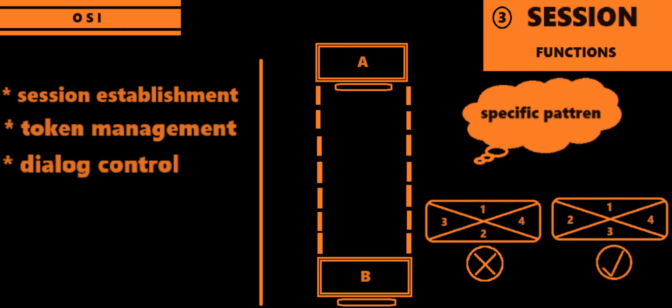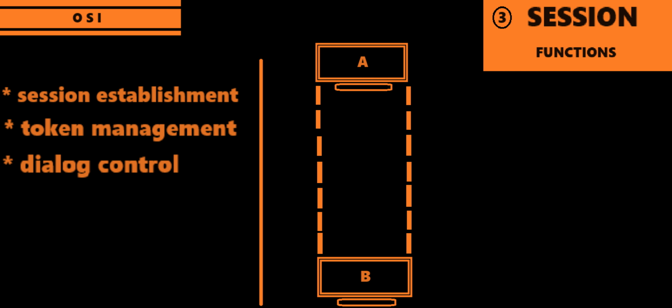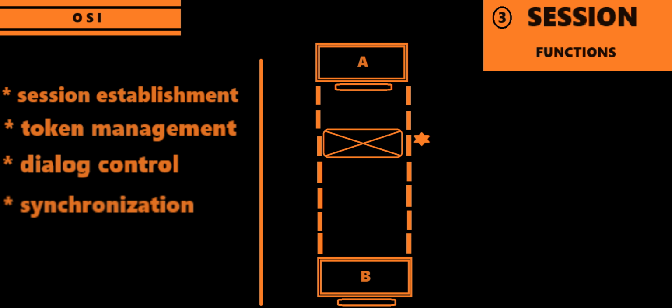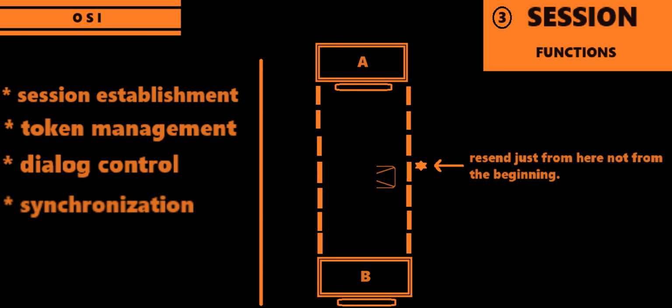This helps in maintaining the integrity and order of the communication process. The session layer also has the function of synchronization, which means it puts a marker or a checkpoint every time after sending a certain amount of data. The benefit of synchronization is to make the recovery fast and easy if a collision or disruption happens.